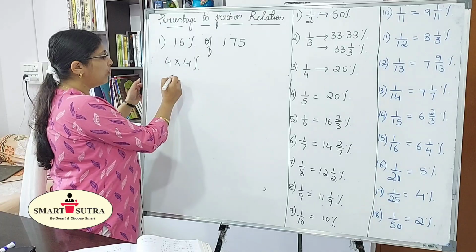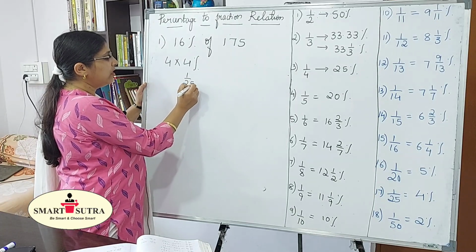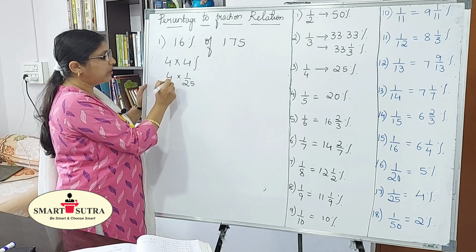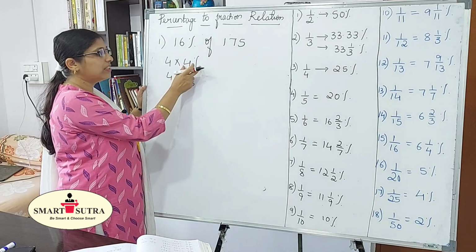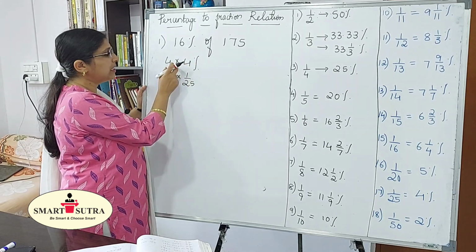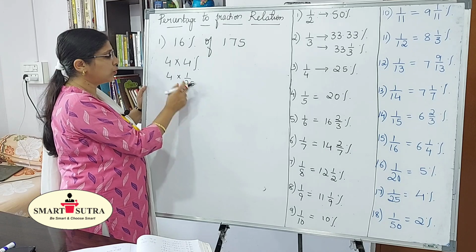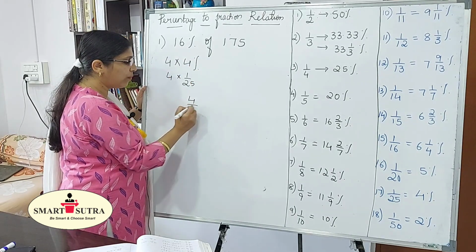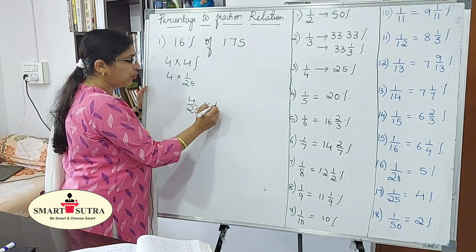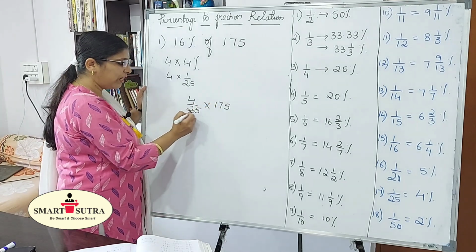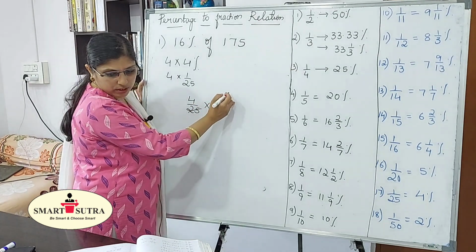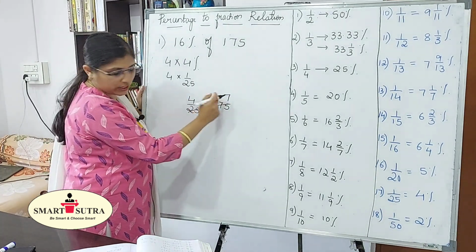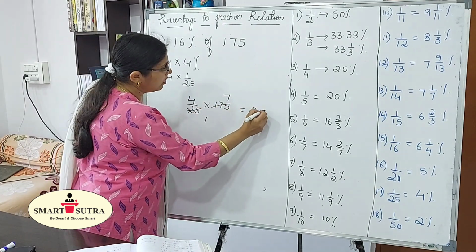So, 4% is 1 by 25. Then this 4 gets multiplied with the fraction also. When it is multiplied with the percent, it gets multiplied with the fraction part also. So this 16% can be written as 4 by 25 directly into 175. 25 ones are 25, 7 fours are 28 is the answer.